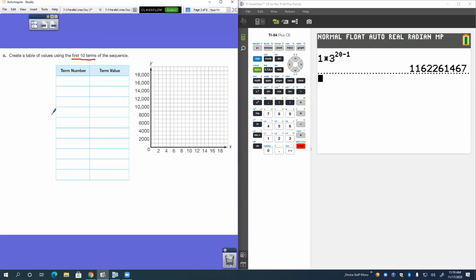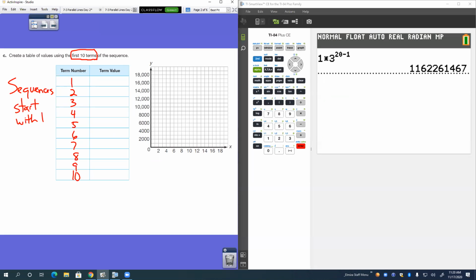Whenever we're talking about sequences, they always start with 1. You're going to ignore the 0 value on the calculator when we go to do this. So create a table of values for the first 10 sequences. So 1, 2, 3, 4, 5, 6, 7, 8, 9, and 10.